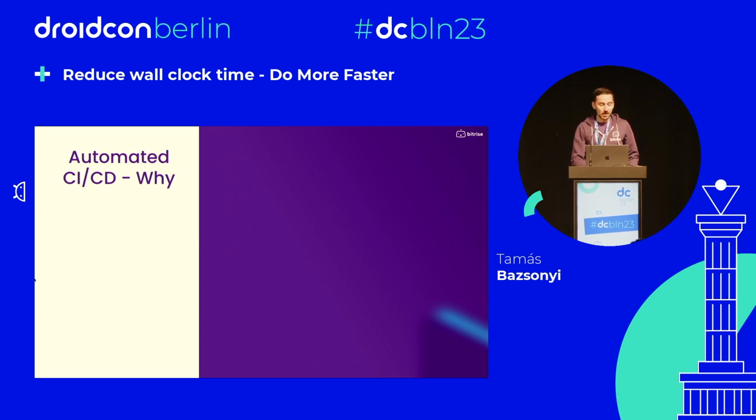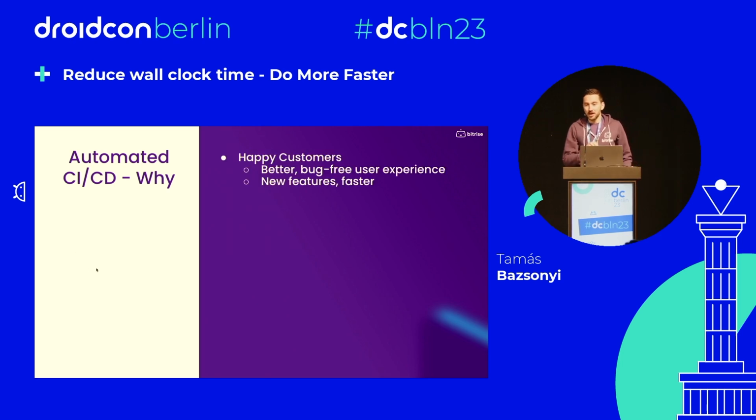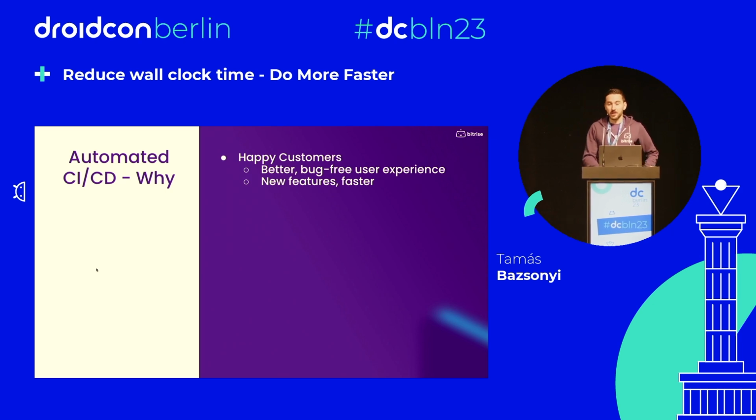So, let's talk about why you would want to automate your CI/CD processes. The very first part, most probably quite a few of you already know this, is ensuring that your customers are happy. With CI/CD and the automation side, you would be able to create a better, bug-free user experience, catch bugs as early as possible, and release new features faster.